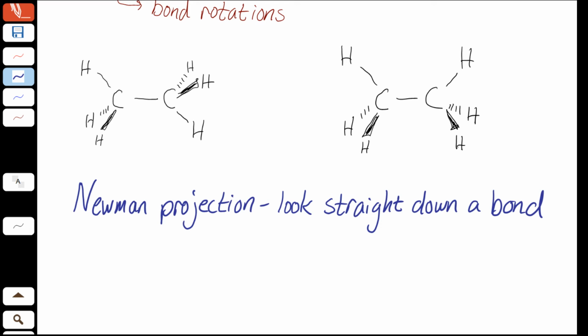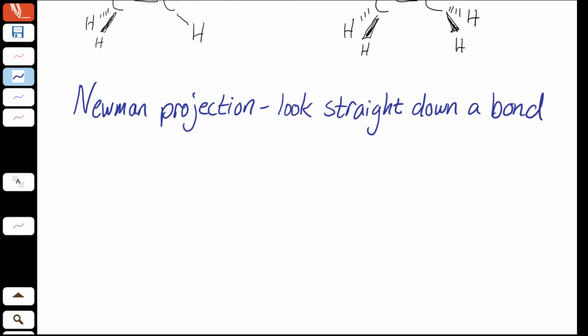So the way this works is we draw something that looks like this. It's a circle with a kind of like triangle thingy in the front, and then some things coming off the back. And the way we interpret this is the point at where those lines come together, right there in the middle, we call that the front carbon.